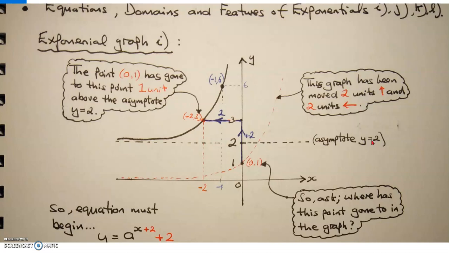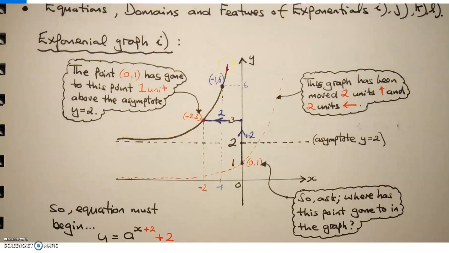And again, we are looking to see where this point here, (0, 1), goes. See this red dotted curve here? This is the original exponential. Where has this point on the original exponential gone to in our new exponential?